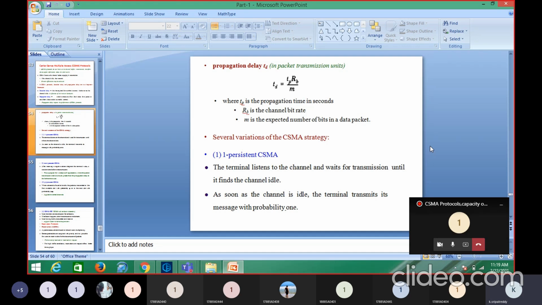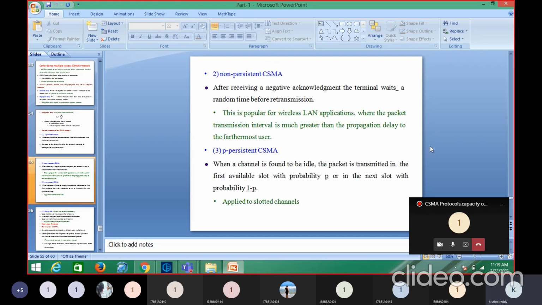The next one is non-persistent CSMA. Here, after receiving a negative acknowledgement, the terminal waits for a random amount of time before retransmission, which is decided based on the protocol rules.